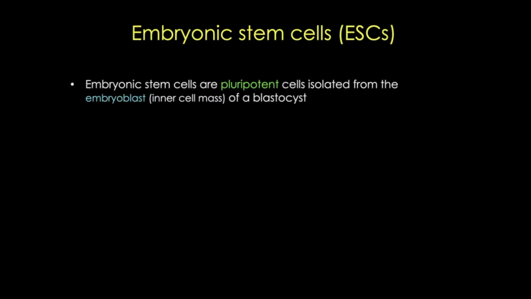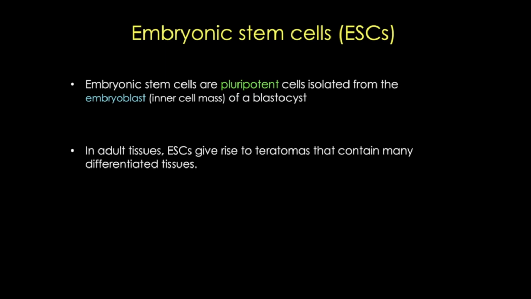So embryonic stem cells are isolated from the embryoblast, and this means that they are pluripotent. They can self-renew by dividing, and they can differentiate into any specialized cell in the body, but they can't differentiate into extraembryonic tissues, such as the placenta. Unfortunately, this also means that they can give rise to teratomas, tumors that contain many kinds of differentiated tissues.